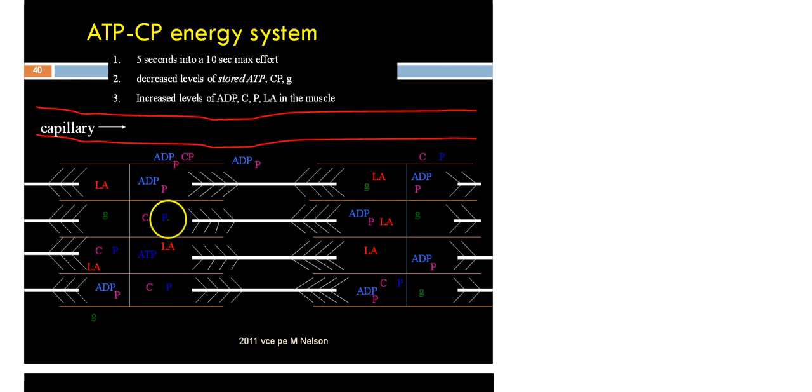We have more lactic acid, so more lactate and hydrogen ions, because as our 5 seconds works through, the anaerobic glycolysis system increases its rate of production, and therefore our glucose levels will decrease within the muscle, as that is the fuel for the anaerobic glycolysis system.